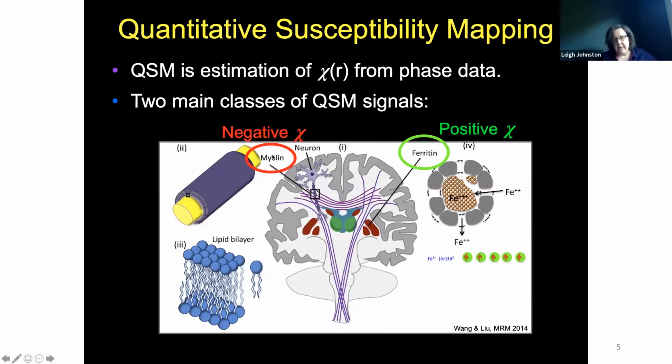On the other side of things is myelin, and that has a negative susceptibility, and myelin is what is wrapped around each of the axons in your brain. It's a lipid bilayer, and it's extremely important in diseases such as multiple sclerosis, because that is actually what degenerates.